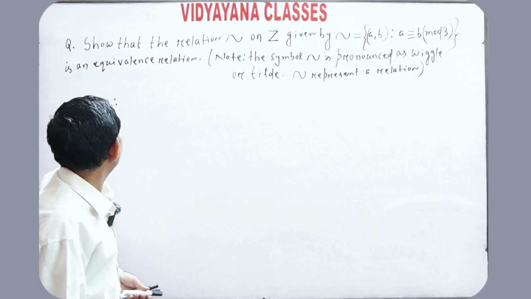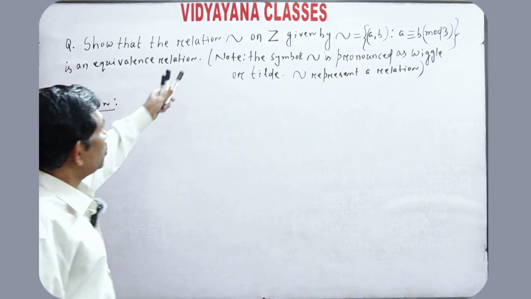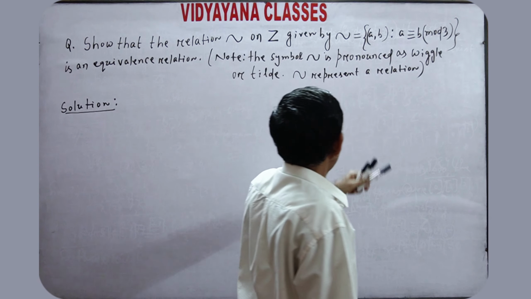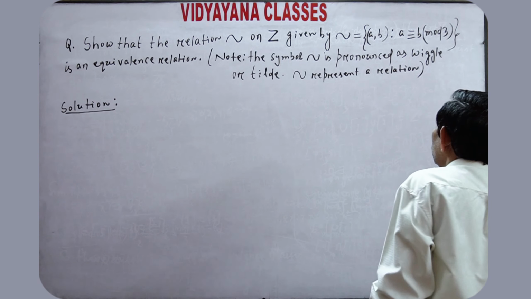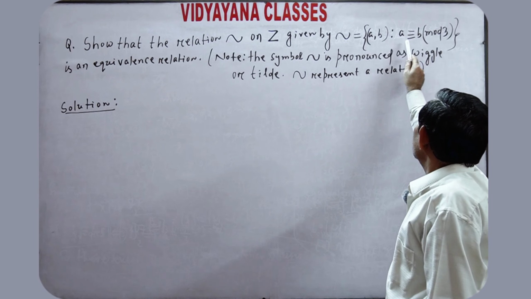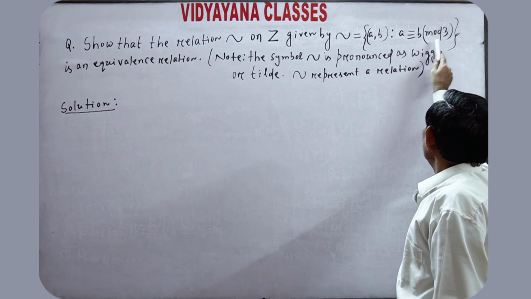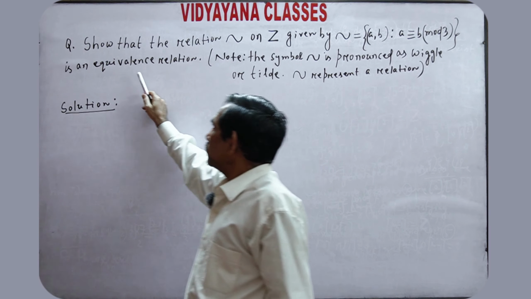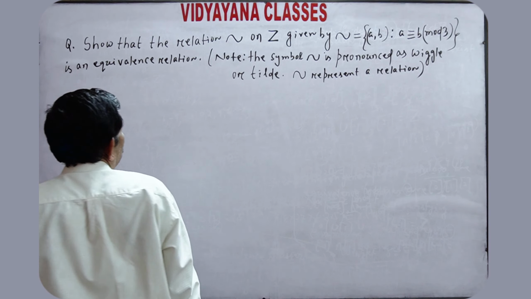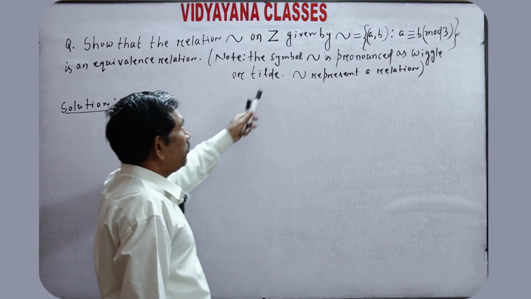Next question. Show that the relation wiggly on Z, given by wiggly is equal to the set of ordered pairs (a, b) such that a is congruent to b modulo 3, is an equivalence relation. Note the symbol.